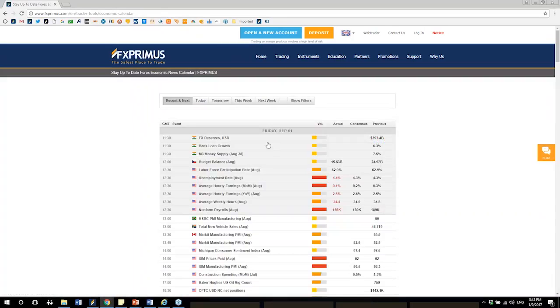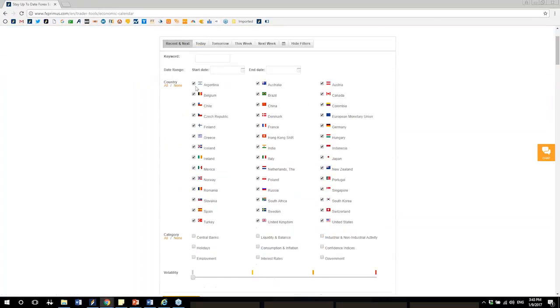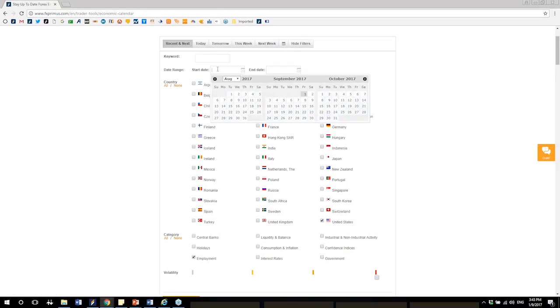Okay, Radisheti, you go on filters. You can click none here and then go to United States, put the central bank employment. Okay, there you go, and go to start date.